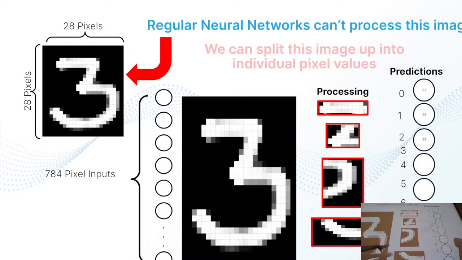So for our particular neural net, we're going to have an output which is just 10 different numbers. Associated with each one of those numbers, 0 through 9, which are different classes, there's going to be a number between 0 and 1. That can be thought of as a percentage probability that this image has that digit in it. So for example, if you look here with a 3, the 3 output will have the highest percentage probability because it realizes that's a 3, whereas any other digit will have a lower percentage probability.